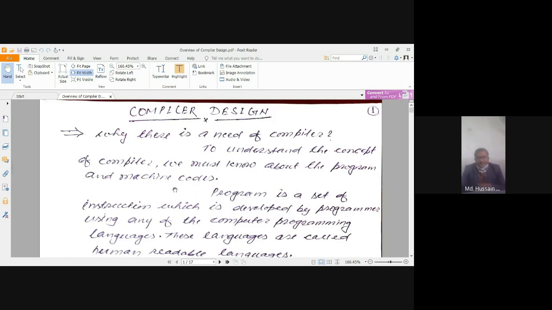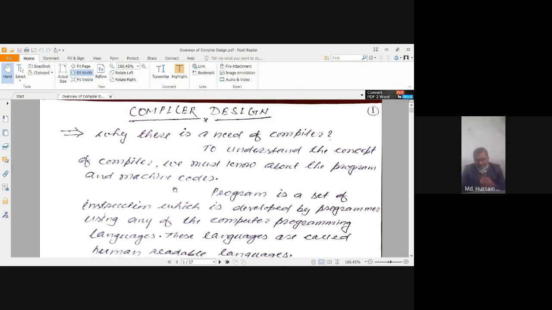In the same way, a computer system also requires a communicating language. These communicating languages are known as programming languages. So basically we have three types of language through which a user communicates with the computer system.